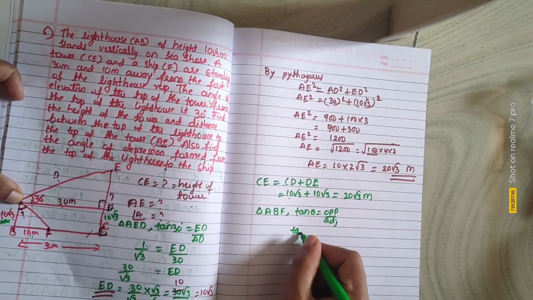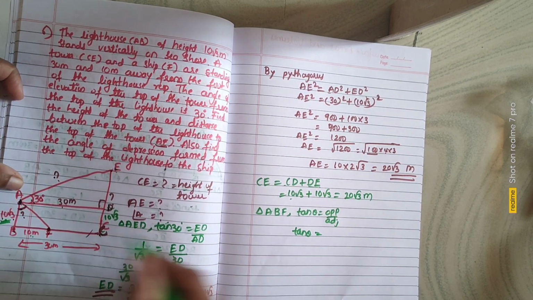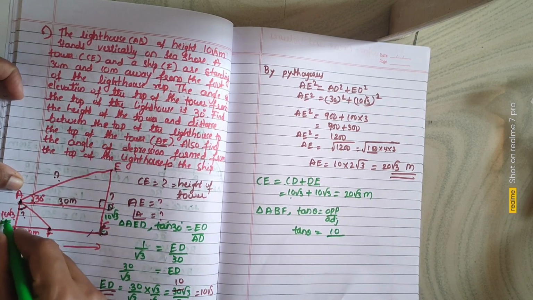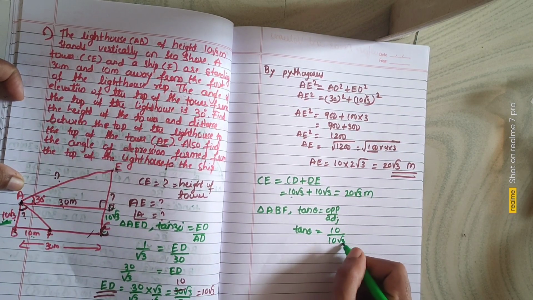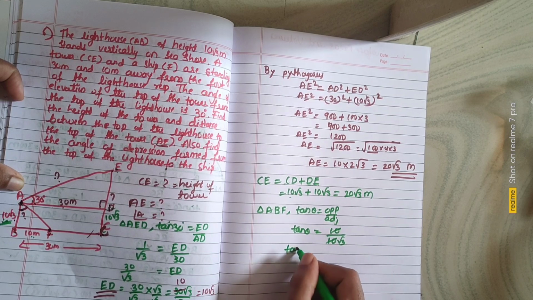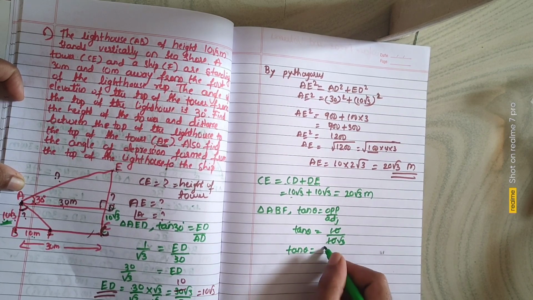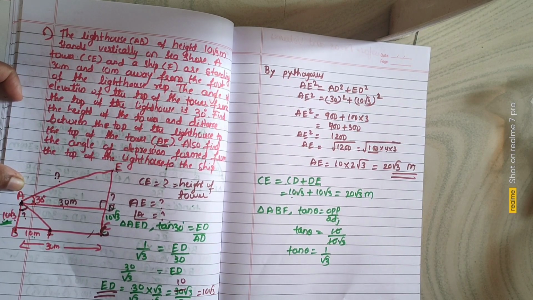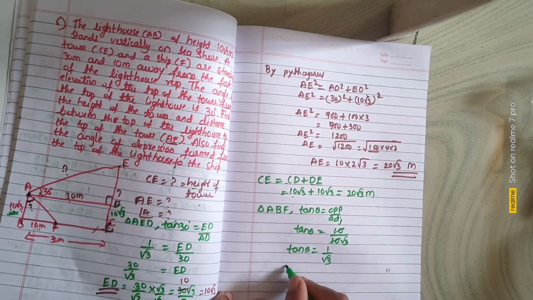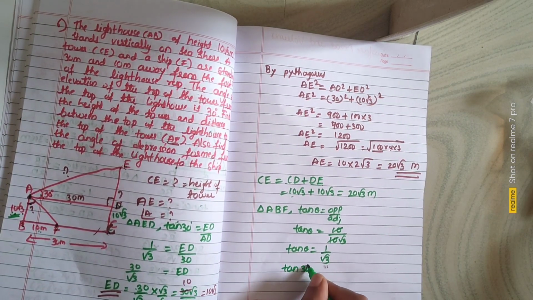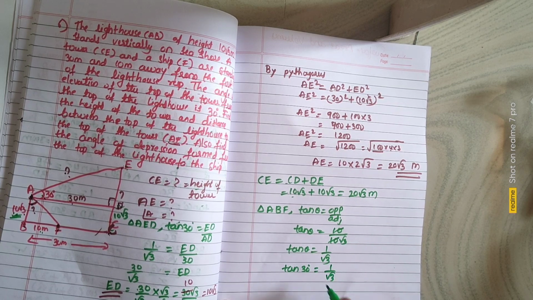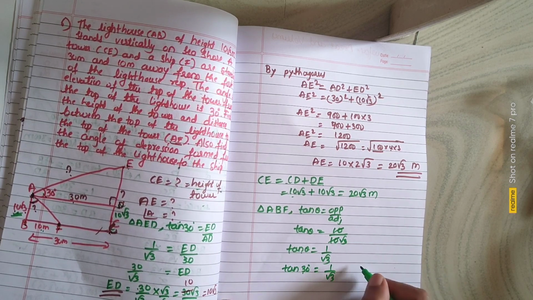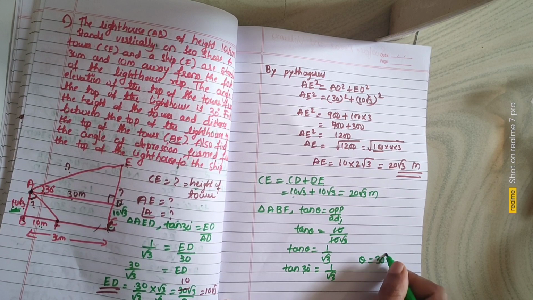Opposite is 10 meter, adjacent is 10 root 3. 10 gets cancelled, so tan theta is 1 by root 3. We know tan 30 is 1 by root 3, so theta is 30 degree.